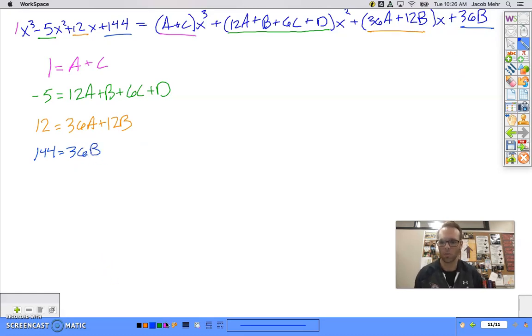Okay, so where do I want to start this? I want to start with this one. So from here, we end up dividing each side by 36. What's 144 divided by 36? I should know that, I just don't want to goof up. 144 divided by 36, that's 4. Now if B is 4, I think we can find A. 12 equals 36A plus 12 times 4.